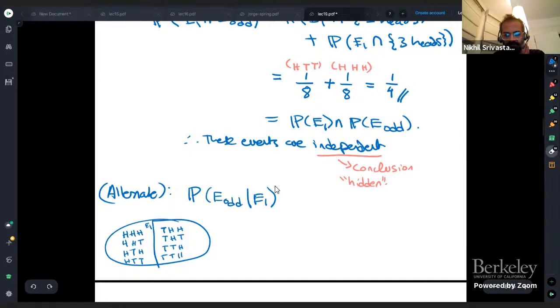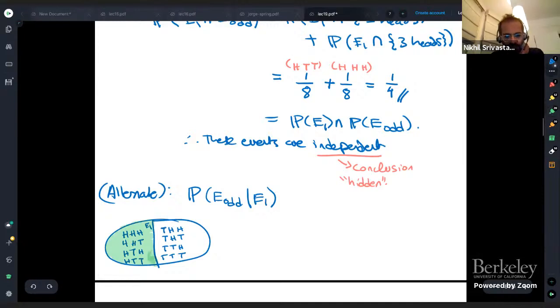And remember, what does conditioning mean? It means that you're taking this event to be your new sample space. So you're defining a new experiment in which you zoomed in on this part of the sample space.